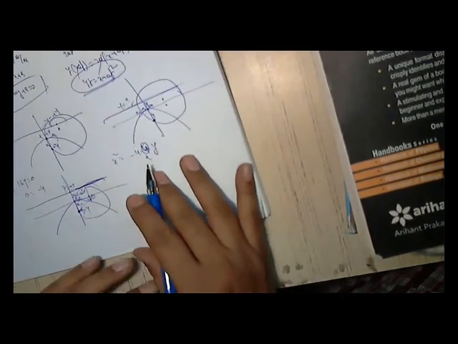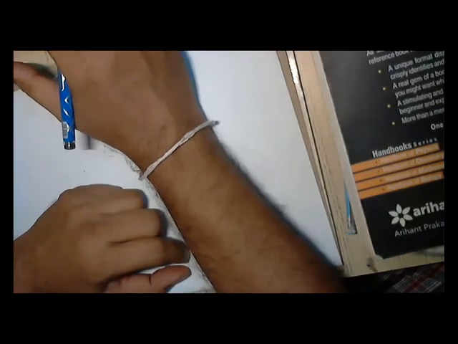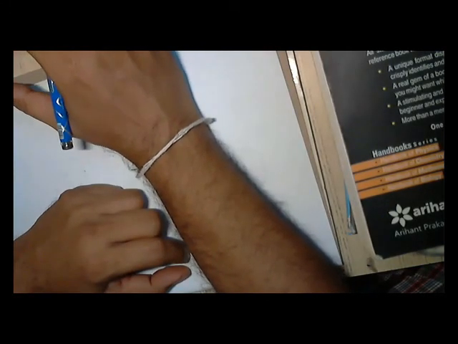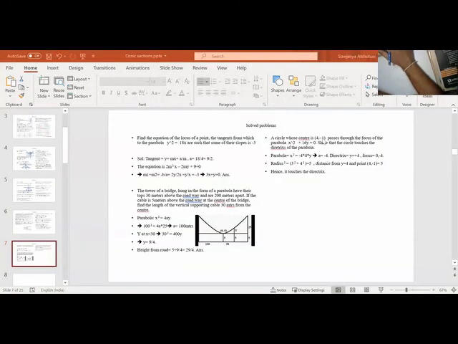Here again I will explain. The circle whose center is this passes through the focus of the parabola x square is minus 16y. Show that the circle touches the directrix. From the parabola equation, we know a is minus 4.